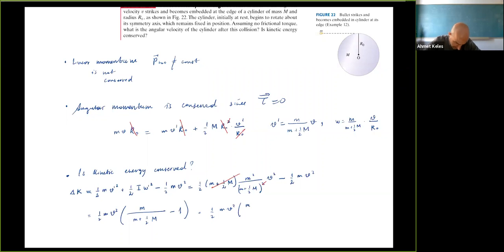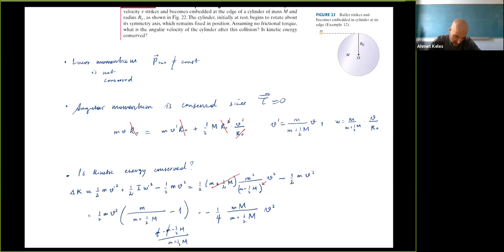I can actually calculate this: m minus 1/2 m over m plus 1/2 m. These cancel, so the whole result is equal to minus 1/4 m over m plus 1/2 m times v squared.